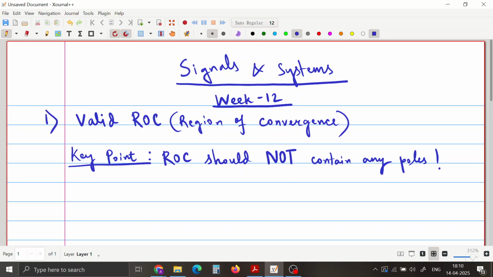When I say it should not contain any poles, I do not discard the fact that it can be bounded by poles. In general, the ROCs are bounded by the poles, so the poles will govern the boundary of the ROC. However, a pole should not lie within the ROC. That is the main point. I'll write in brackets also that the ROC may be bounded by poles. That is allowed.